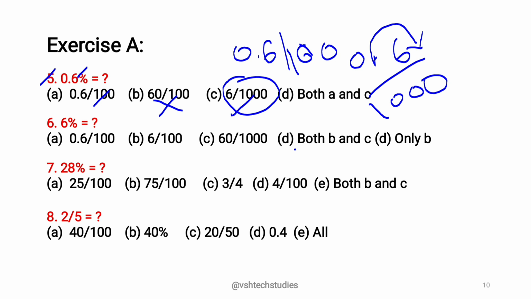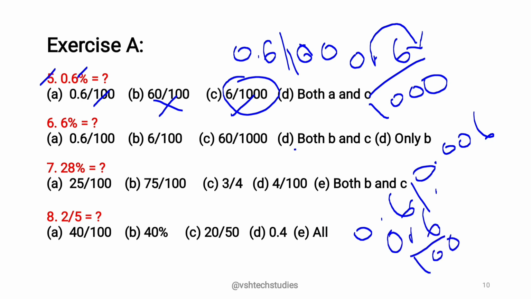If you evaluate 6 by 1000, it will be 0.006, which is equal to 0.6%, that is, 0.6 upon 100 is equal to 0.006 only. Hence option C is also correct. Because A and C are correct, we have to choose option D only.